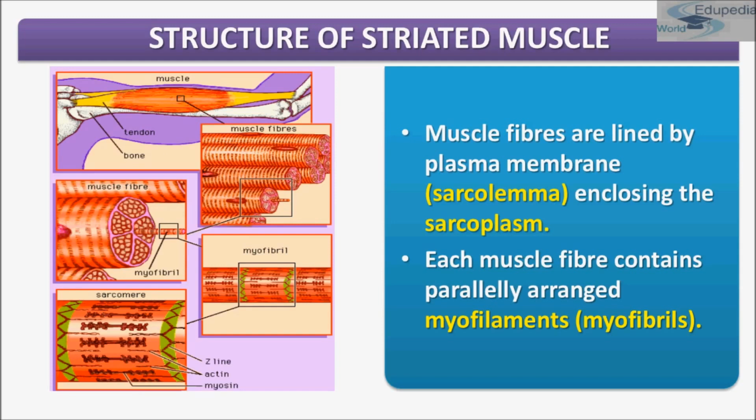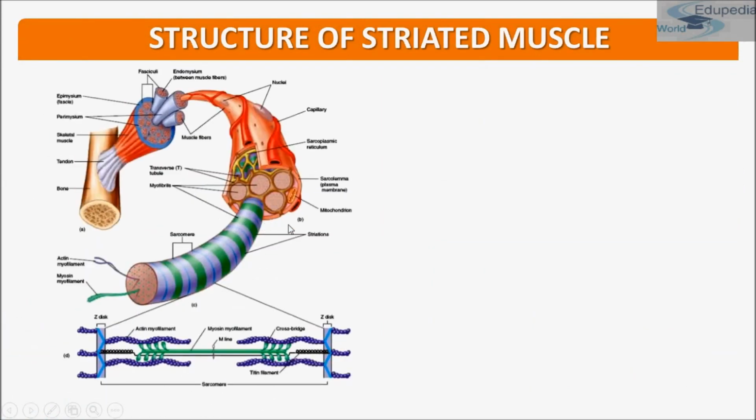Don't get too deep into it for the time being, just know that T tubules are also present in the muscles. So the muscle fiber contains parallelly arranged myofibrils, and this is the structure of striated muscle.